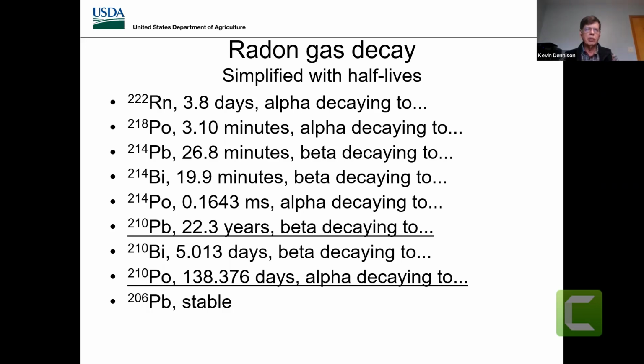What's really important about radon gas isn't that the radon is causing that many alpha particles, but for every radon that decays by an alpha particle, there's also a whole bunch of alpha and beta decay in this series that produce additional radiation exposure. And it all ends up at lead-206, which is a stable isotope.